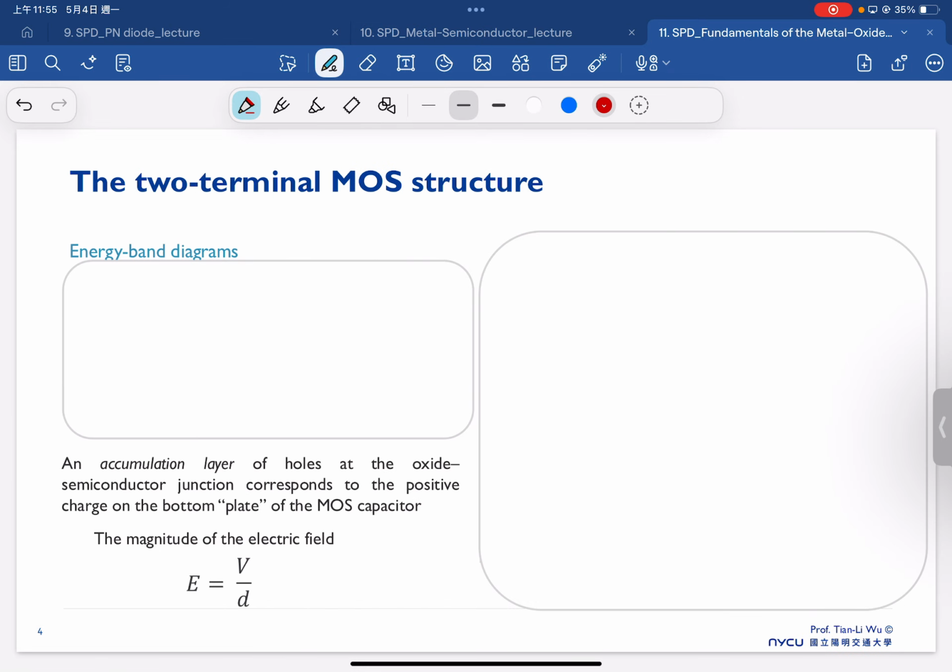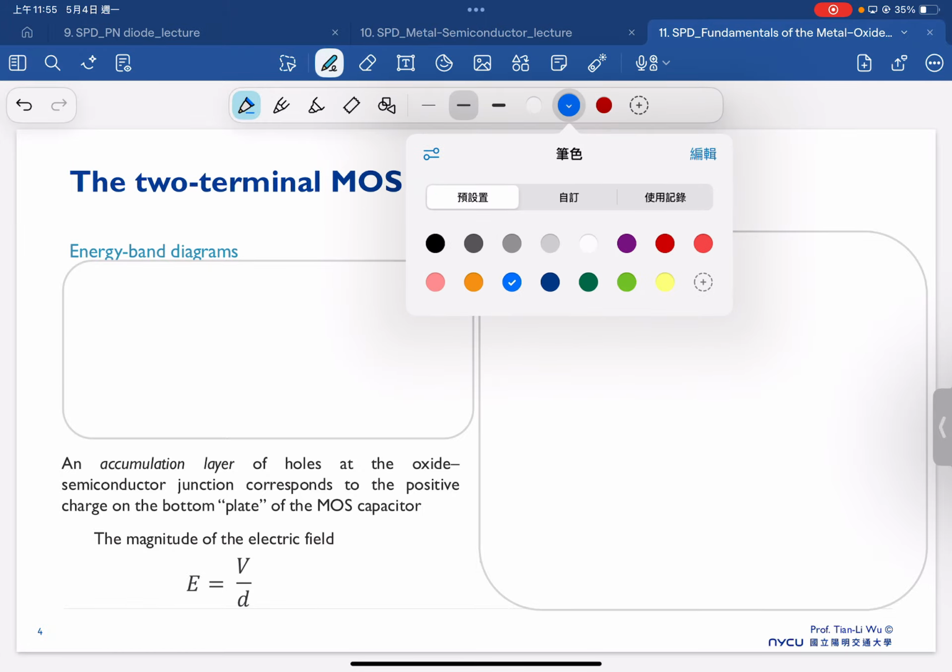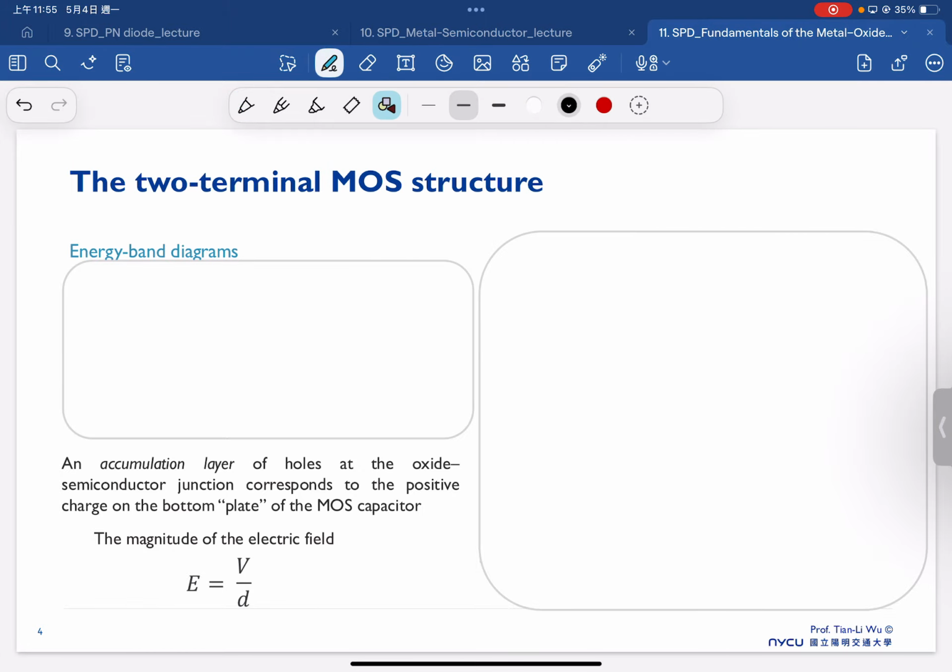Okay, so to understand the two-terminal MOS structure, which is a MOS capacitance, we will also start from the band diagram. The band diagram is always our good friend to help us understand. So first, we will start with the situation as shown here.